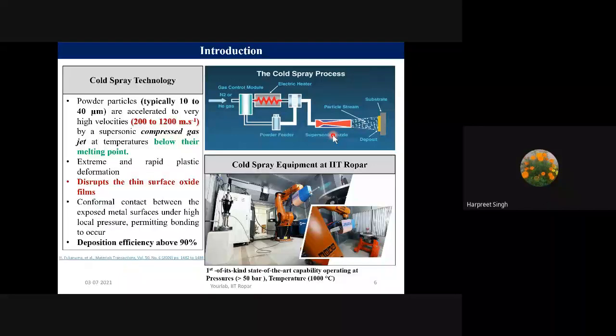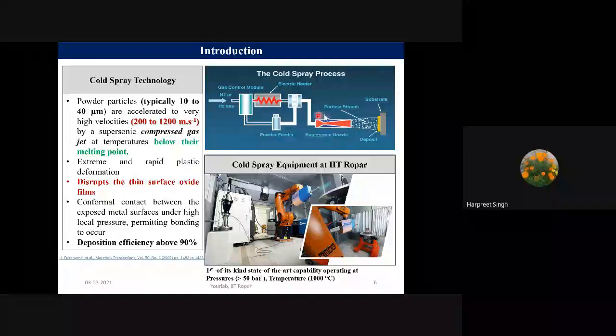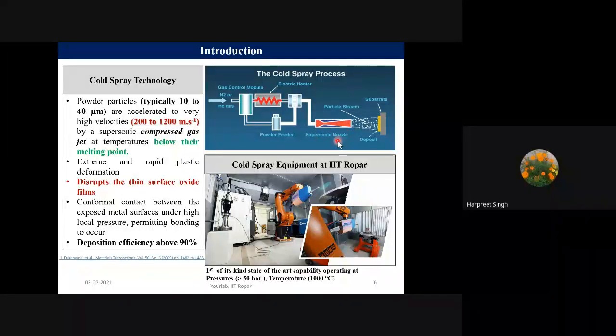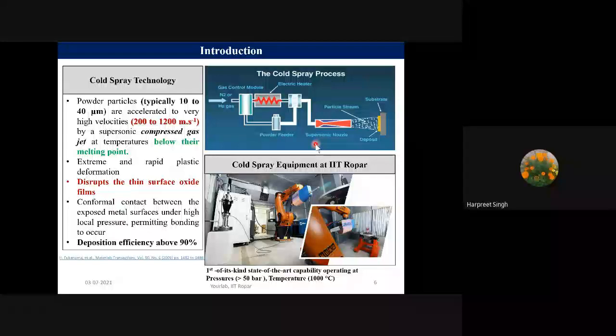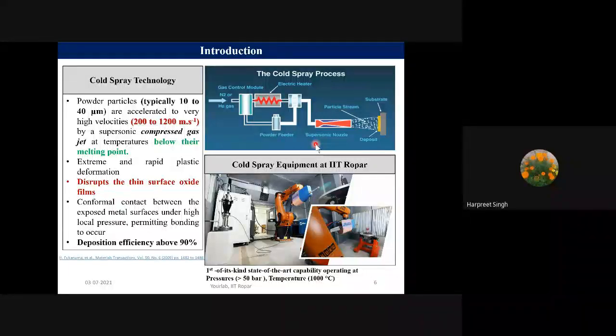And we know that to accelerate gases to supersonic velocities, a convergent-divergent nozzle can be one very good example. In all cold spray processes, we have these supersonic nozzles, and we propel our working gas through it, which is usually nitrogen or helium.